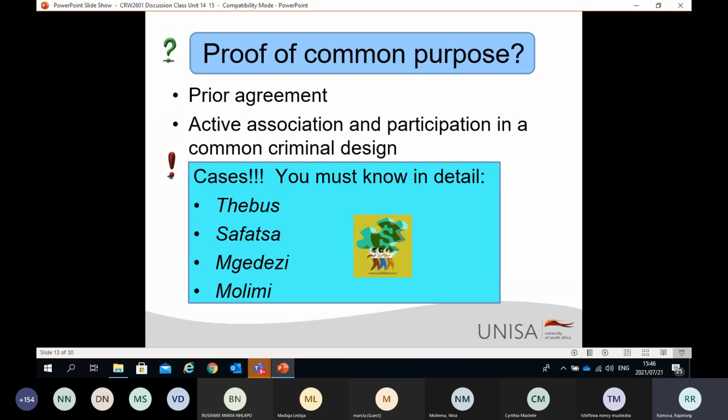So in all of those instances, you can safely conclude that there is an implied prior agreement to achieve those ends.